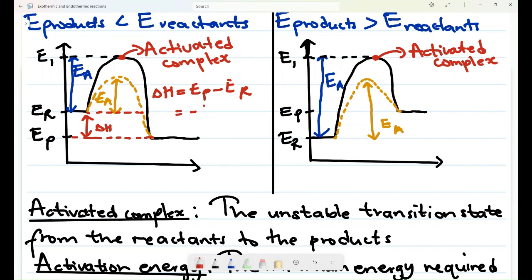In this case, we have the energy of the reactants subtracting the energy of the product, but we want it to be the energy of the product minus the energy of the reactant, so it is negative. I'm just rearranging negative EP plus negative ER.